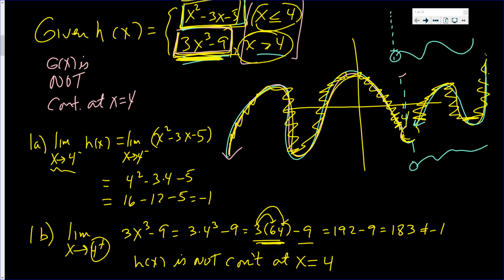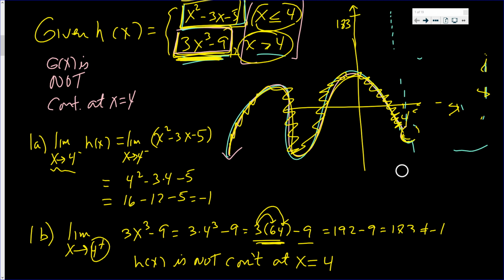It turns out that it goes to 183. So way up here, you have 183. And let's get rid of this piece, and that piece down there.